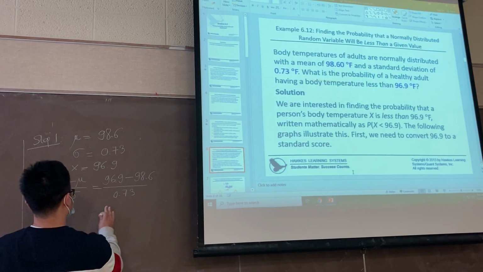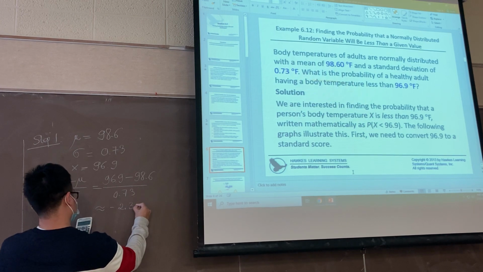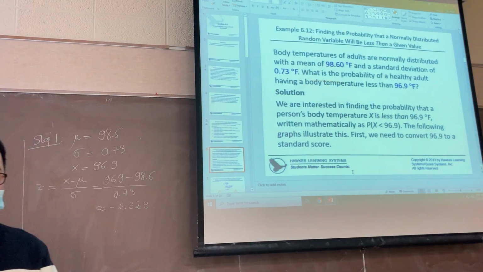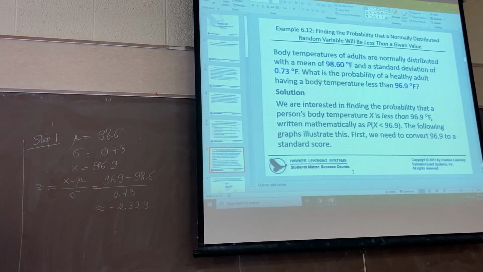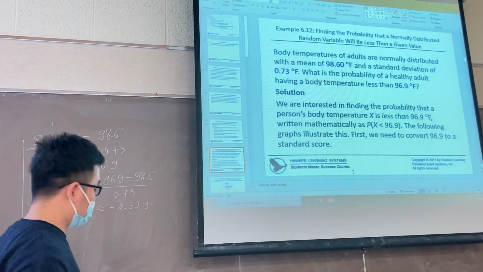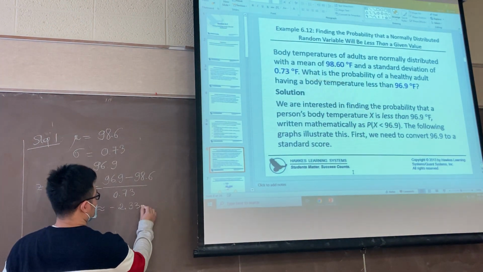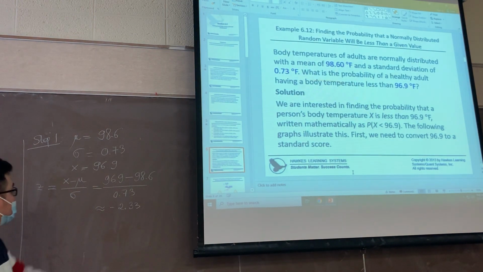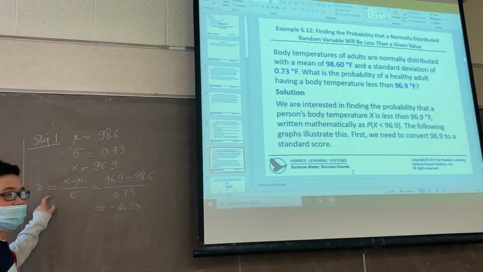Z is approximately equal to negative 2.3289. Maybe you need to write this number down. That is Z, right? Is it clear in this step? The first step is that you need to change the X value to Z value first.